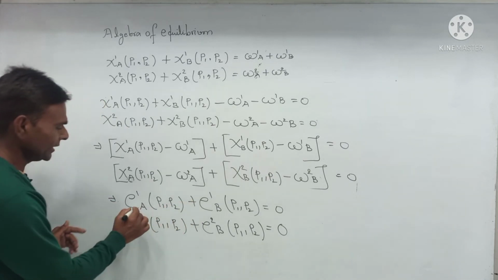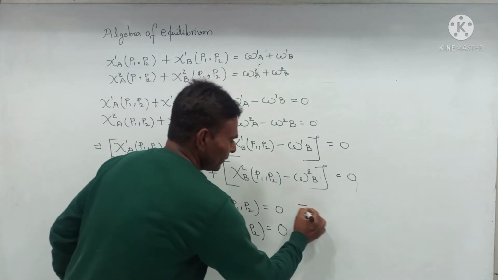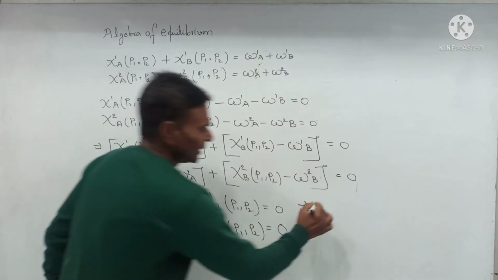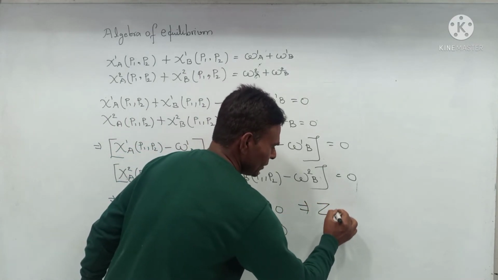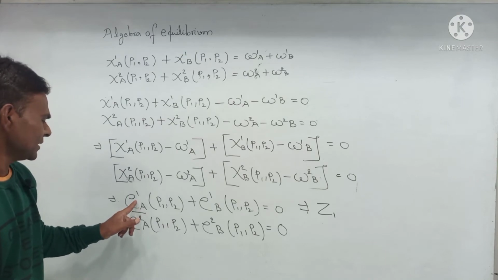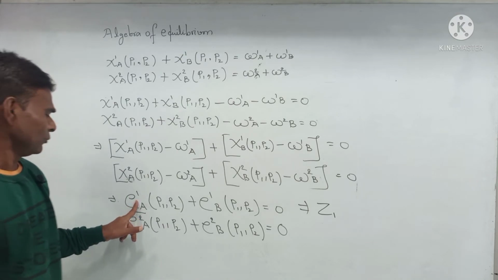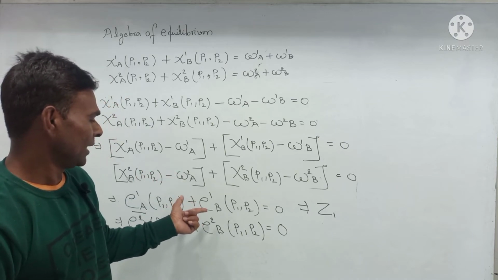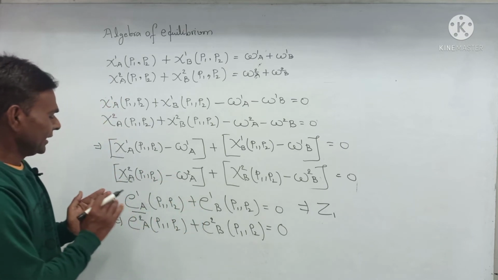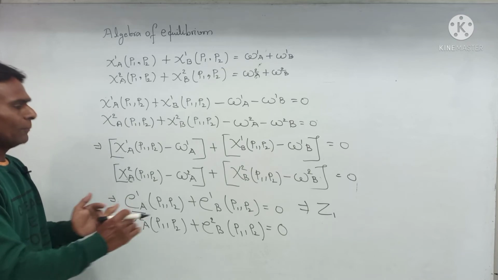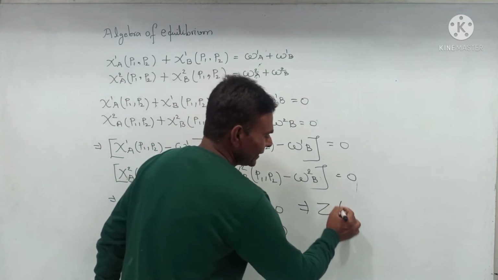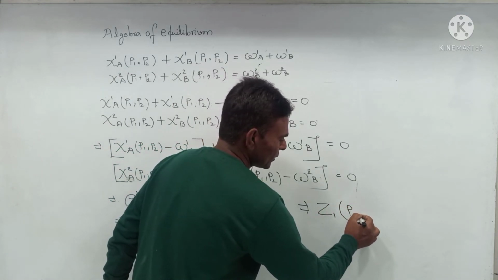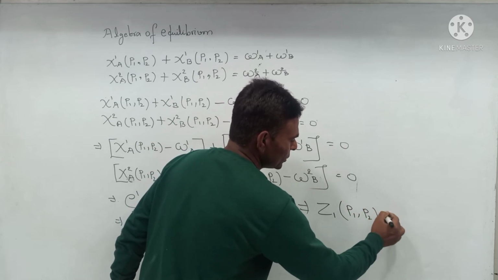And in broad terms, if added, it is Z. Here Z1 means excess demand for goods 1 by person A plus excess demand for goods 1 by person B, and if you sum these terms, it becomes aggregate excess demand, which is a function of P1 P2, equal to 0.